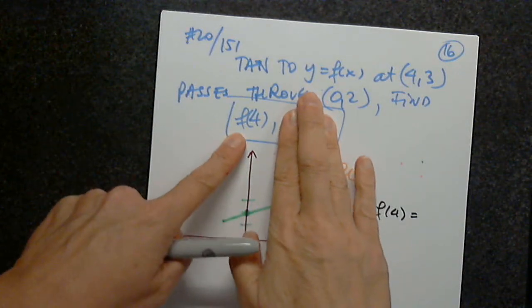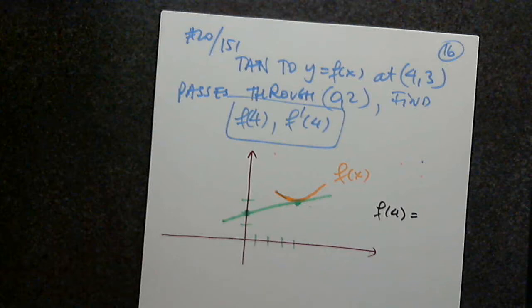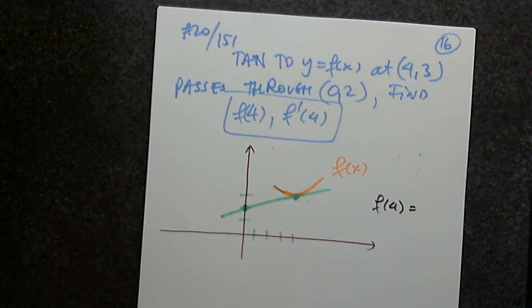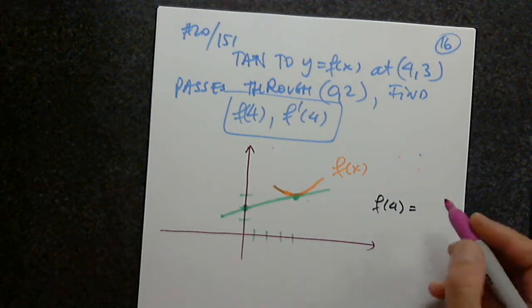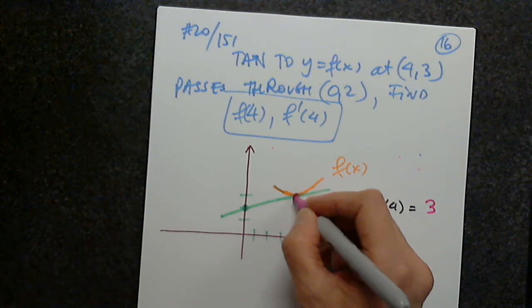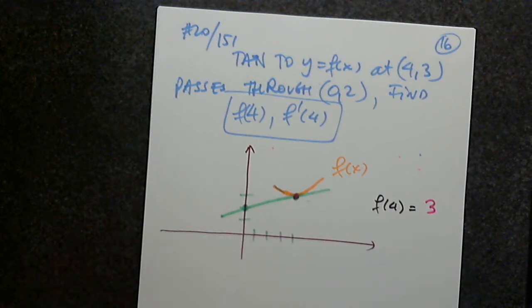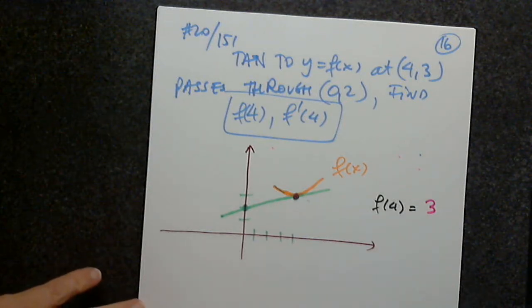We want to determine f of 4. It's not a tricky question. Exactly. Of course, that's where the tangent is, right? f of 4 is 3. This is the point. That's why for a second I said, maybe we don't need to graph the function, but because it's very clear, good. So now you're correct.